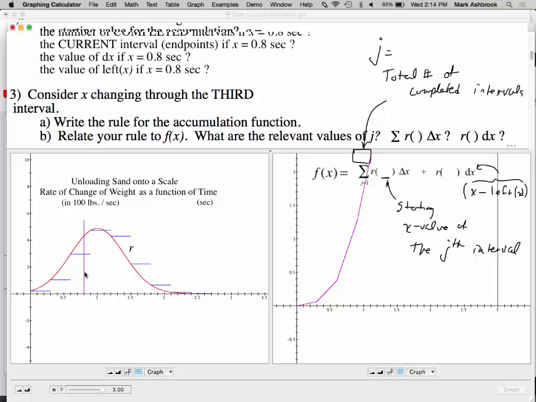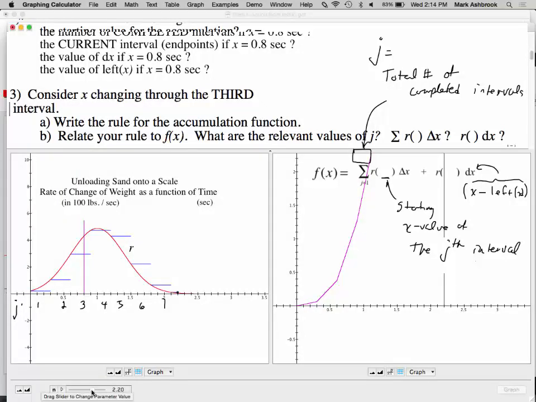So here are the intervals. This is the first, this is the second, this is the third, this is the fourth completed interval, the fifth, the sixth, and the seventh. So suppose the current interval is the 8th interval, so our completed intervals are 1 through 7.